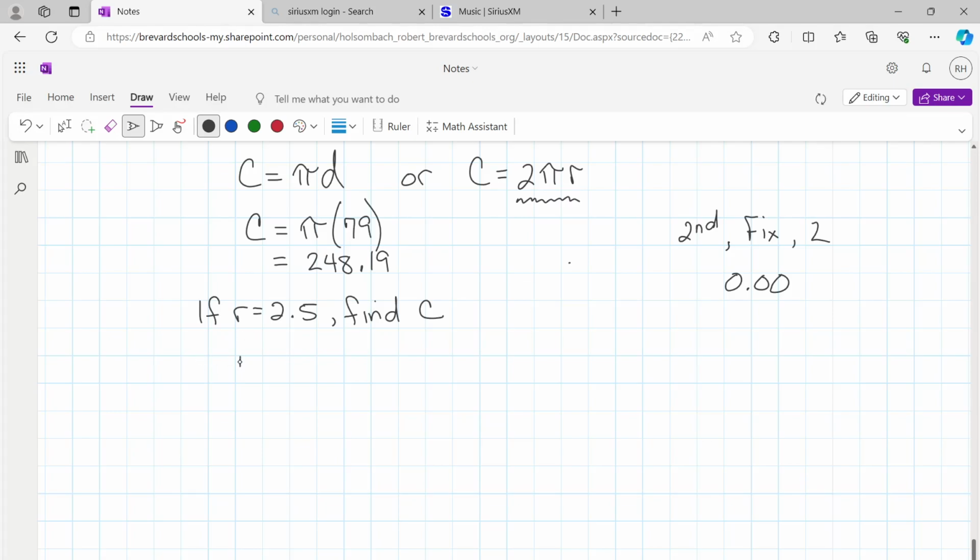So in this case, we're going to say the circumference is equal to 2 times the pi button times the radius, which is 2.5. So again, type it in your calculator. So 2 times pi button times 2.5 and hit equals, and you should get 15.71.